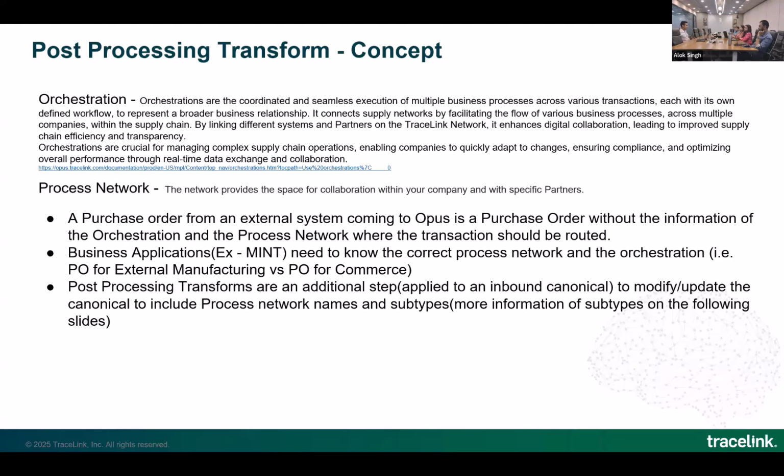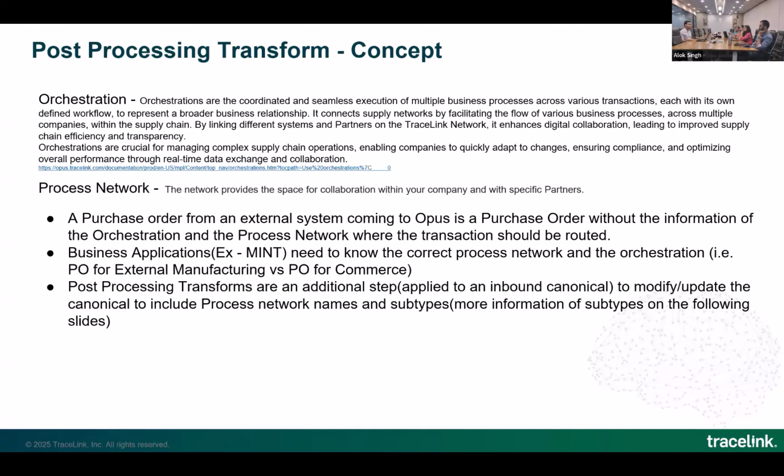So that is where post-processing transforms come into the picture. These are an additional step or additional configuration, we can call it, for modifying or updating an incoming or inbound canonical to include the additional information like process network name and the orchestration. Now, what orchestration does is it helps us identify the subtype of the transaction, and we'll talk about that.